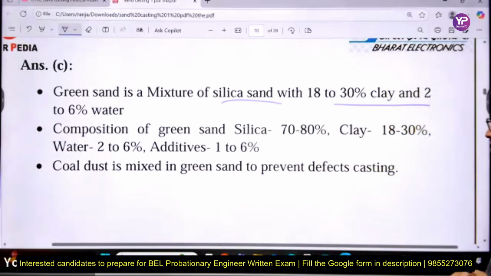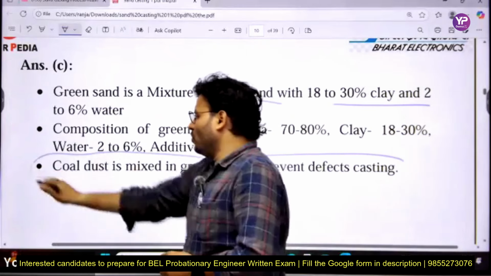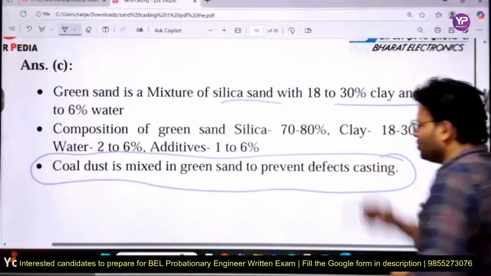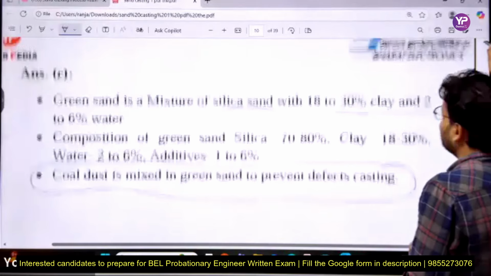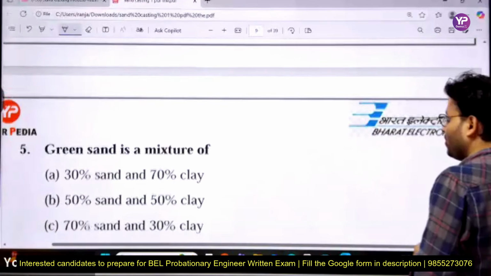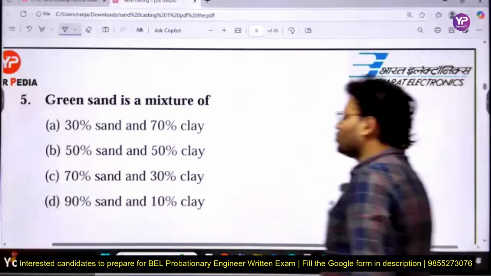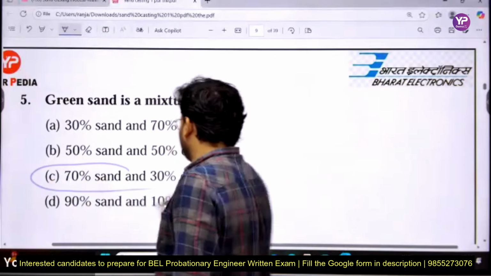Coal dust is mixed in green sand to prevent casting defects. That is also going to be asked. So whenever you have to talk about the sand, what is the green sand? 70% sand and 30% is what?